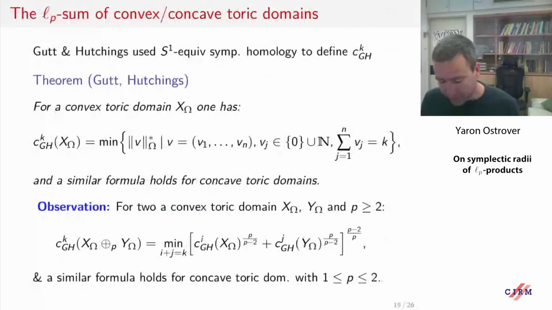Maybe I should make one more comment. Maybe this is not very impressive, but as I said before, ellipsoids are the sum of ellipsoids. So in particular, we can recover the formula for the Gutt-Hutchings capacities in the case of ellipsoids, because we can decompose an ellipsoid into the sum of ellipsoids all the way to dimension 2.